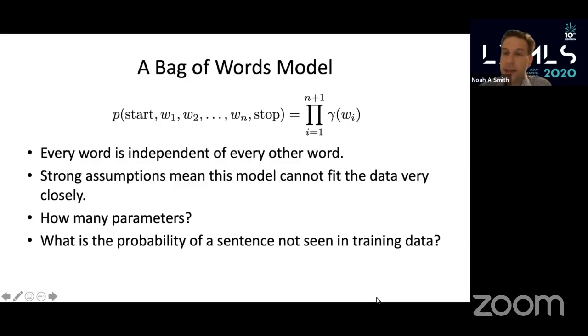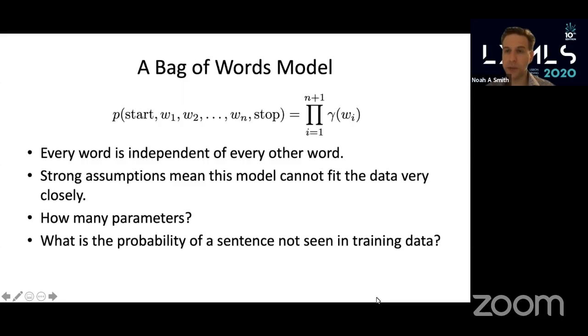What about sentences not seen in training data? The news here is much better than it was for the last model. The probability of a sentence not seen in the training data is going to be positive as long as all of the words have positive probability. So that means as long as you make sure that every word in the vocabulary has some value greater than 0 associated with it, either because you saw it in the training data and therefore gave it a non-zero probability estimate, or because you did something extra when you estimated the probabilities to smooth out the probability mass.